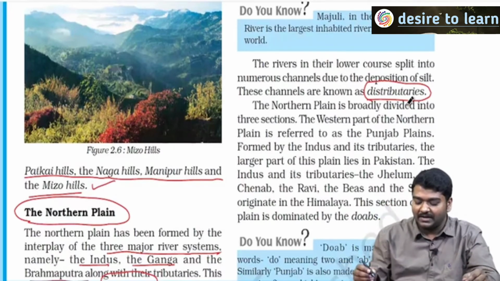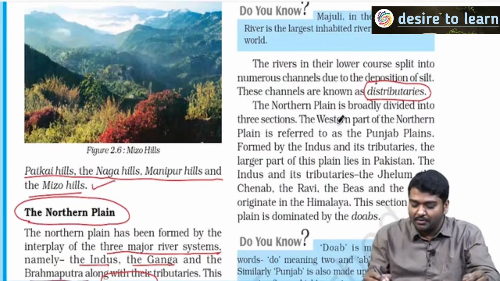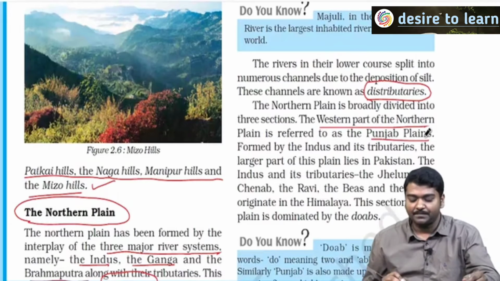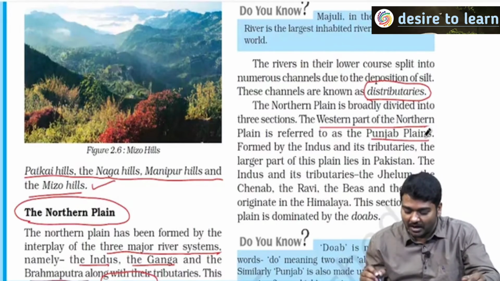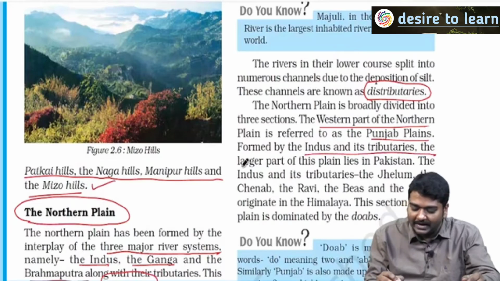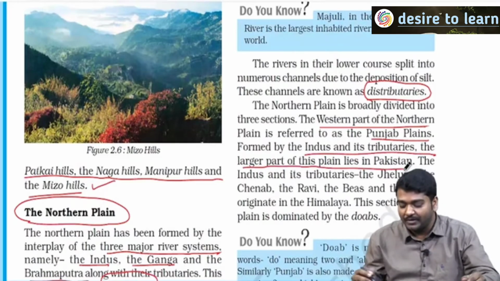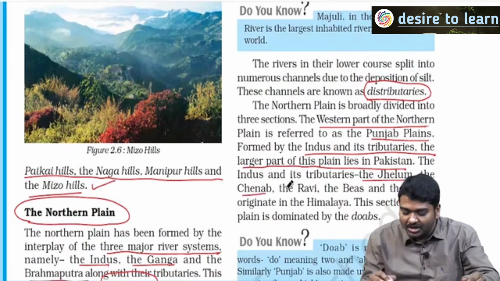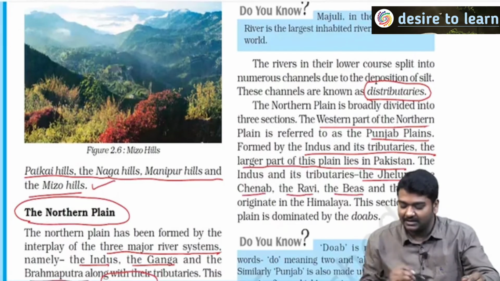The northern plain is broadly divided again, into the western part which is called the Punjab plains, and we usually observe the Punjab plain being dominated by the Indus and its tributaries. The tributaries are Jhelum, Chenab, Ravi, Beas and Sutlej.